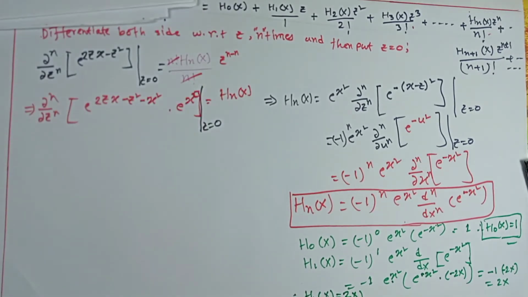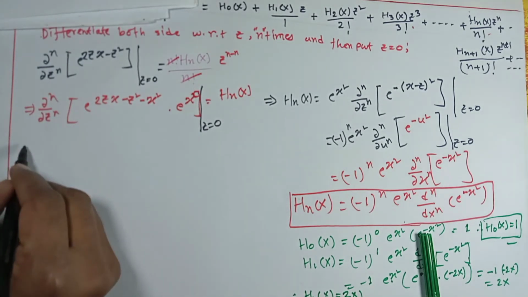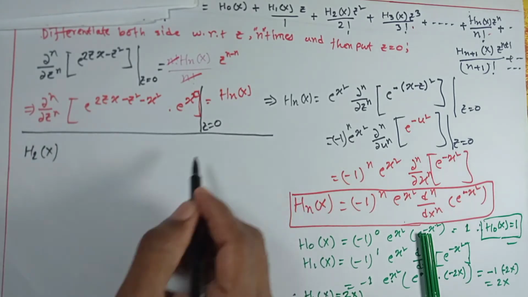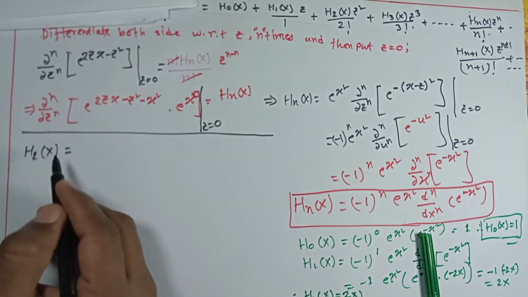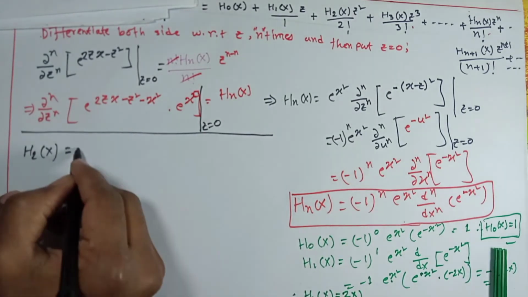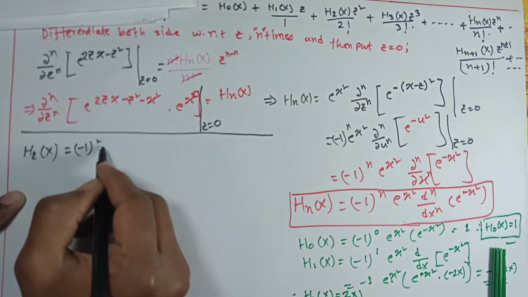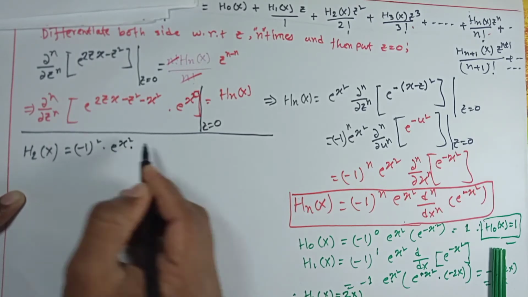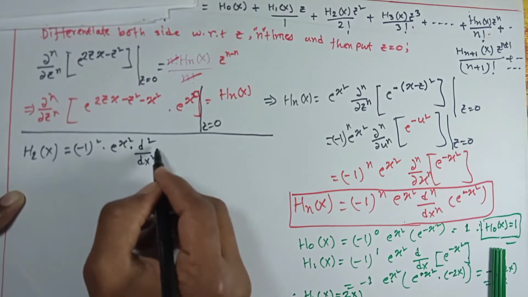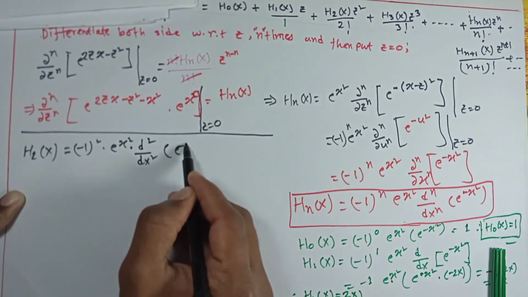Okay, then we calculate H2 of x equals what? Okay, here H2 of x equals minus 1 squared into e to the power x squared into d^2/dx^2 e to the power minus x squared.